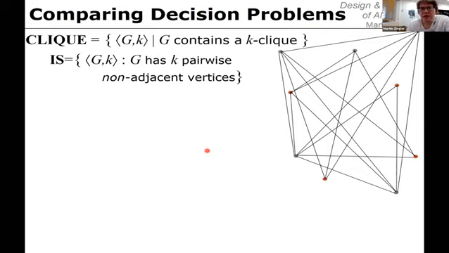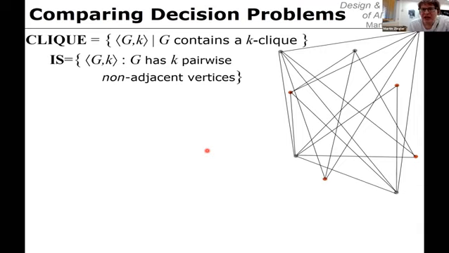So proceeding from a graph to its complement means proceeding from cliques to independent sets, and taking the complement a second time, arriving back at the original graph, means translating independent sets of size k into cliques of size k.